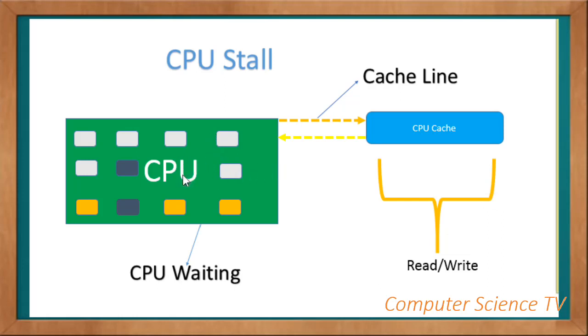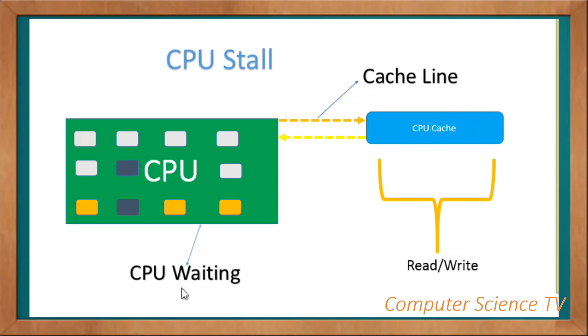We have our processor, then we have our CPU cache. If the processor needs to read or write some data to the cache, it's going to go ahead and read and write. In that process, whereby data is being written into the cache, that is going to take some time.